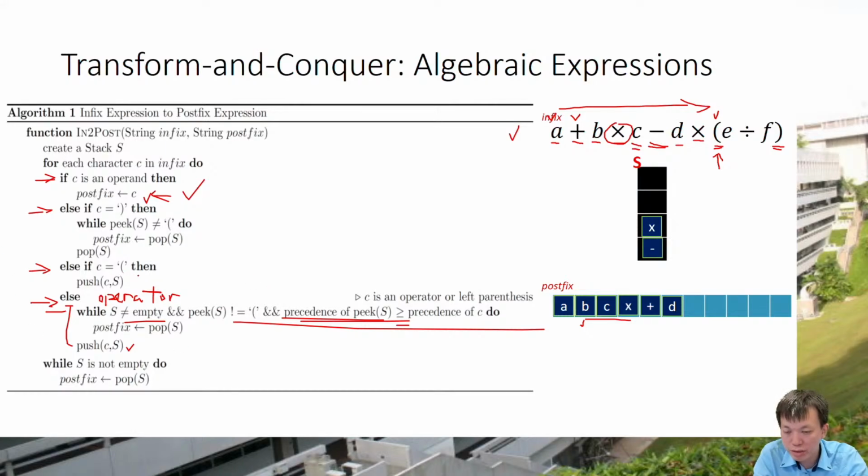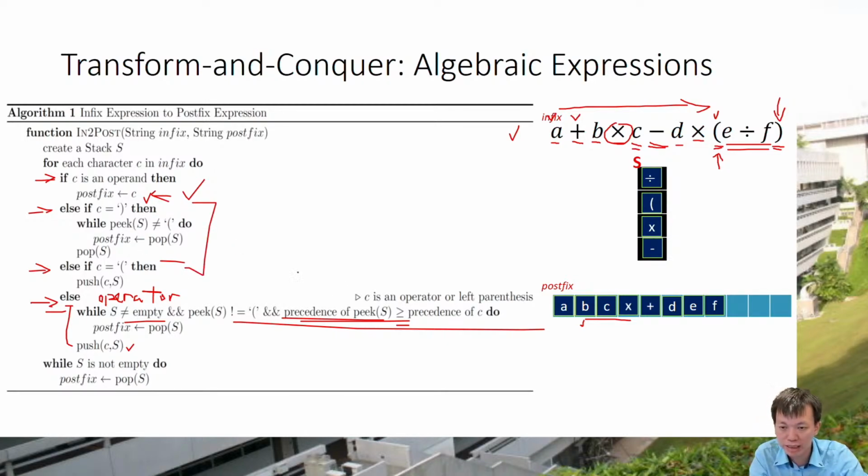If I encounter the open one, I still push it in first, just to isolate things, because this part will be done separately. So E will go in, and then division, then F. Then I encounter the closed parenthesis here.